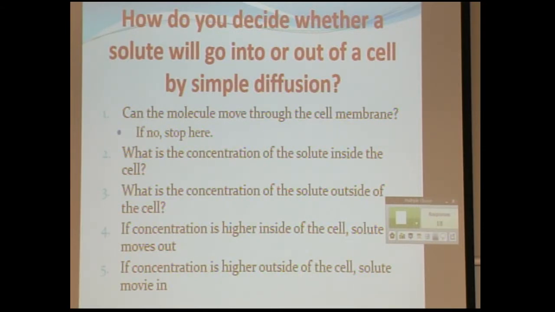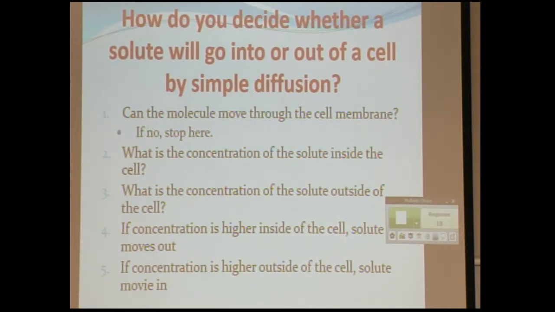All right, now since this is simple diffusion, is the cell in control of which way it goes? No. It's not, right? It's just going to go from high to low, whatever side it's on. So if I set up a scenario and ask which direction it's going to go, this is how you'd solve it.